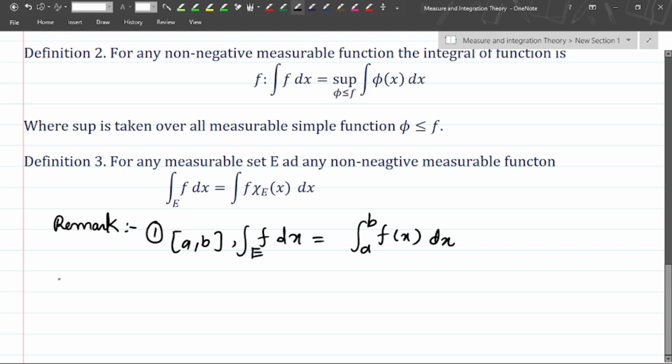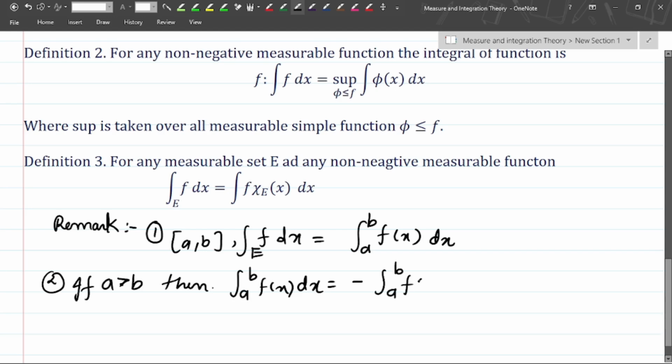Second, if a is greater than b, then the integral from a to b of f of x dx is minus the integral from b to a of f of x dx. These are just properties of the integration.